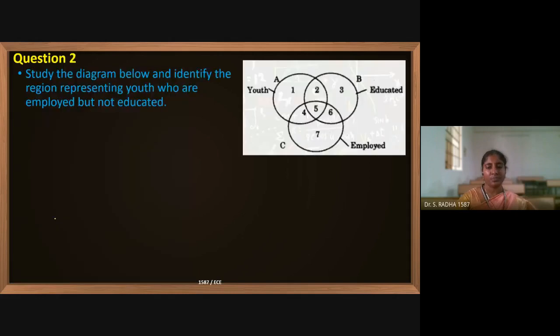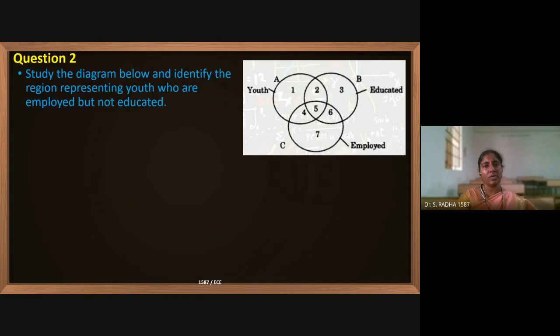Now I am going to the next problem. Study the diagram below and identify the region representing youth who are employed but not educated. Kindly, if you are getting the answer, post in the chat box. You can see 3 circles are there.